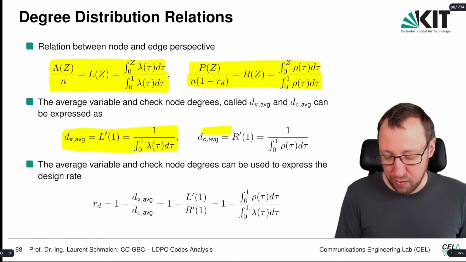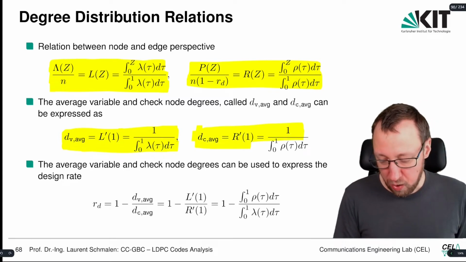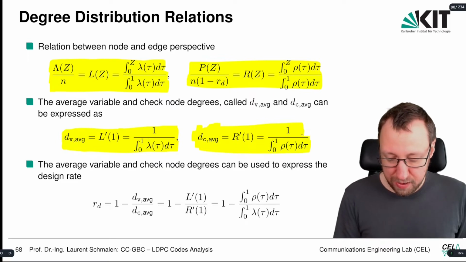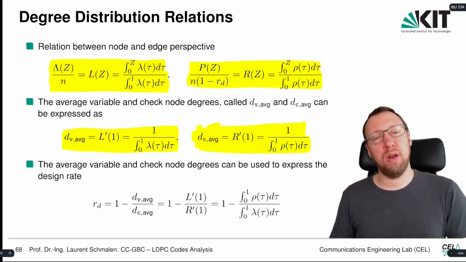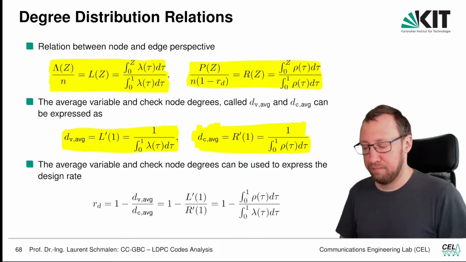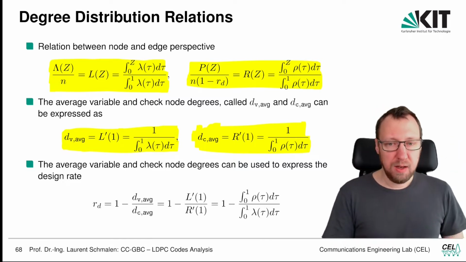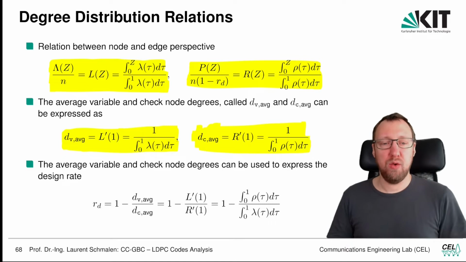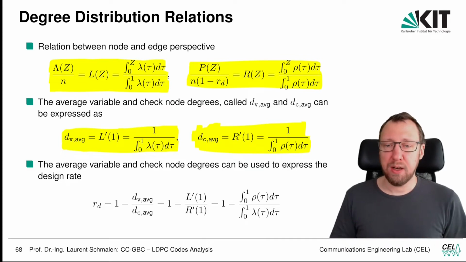The average check node degree is r prime of 1, or 1 divided by the integral from 0 to 1 of rho of tau d tau. And then we can use this average variable node and check node degrees to express the design rate as well.